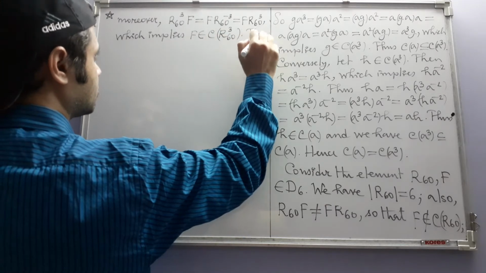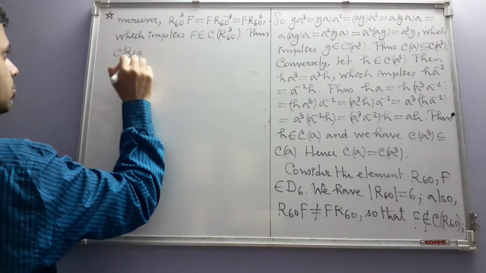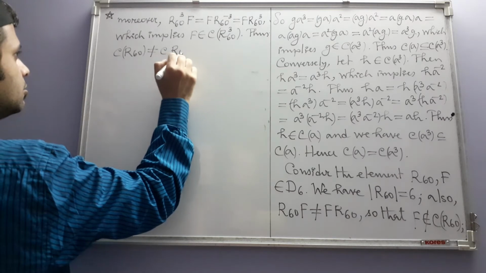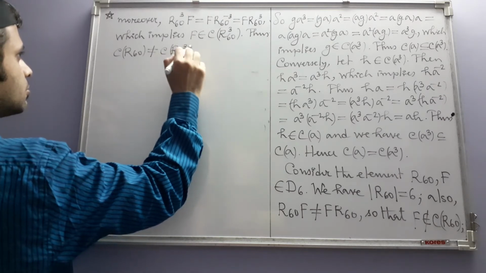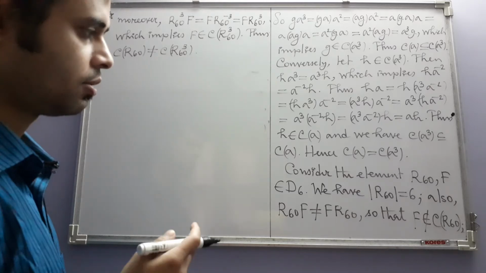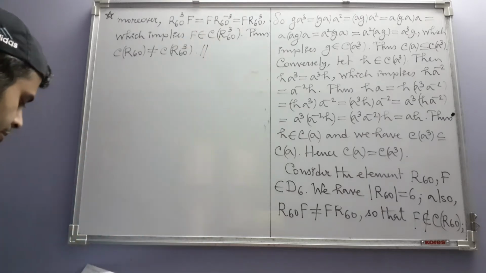Thus, CR60 is not equal to CR60 cube, where R60 is an element from D6 of order 6. So this completes the solution.